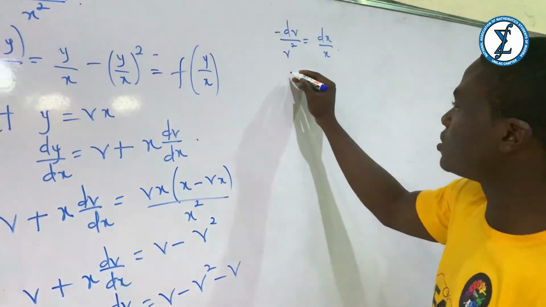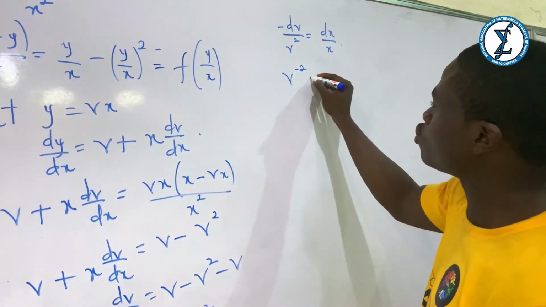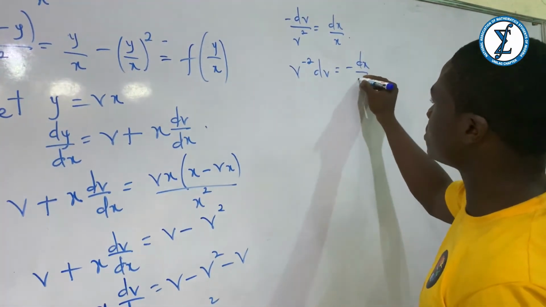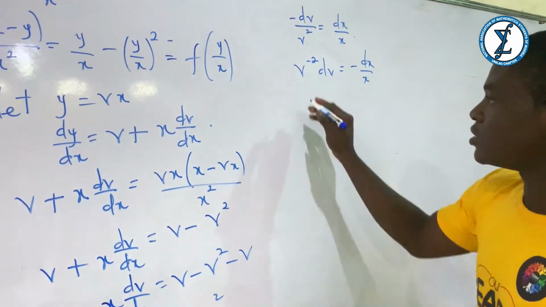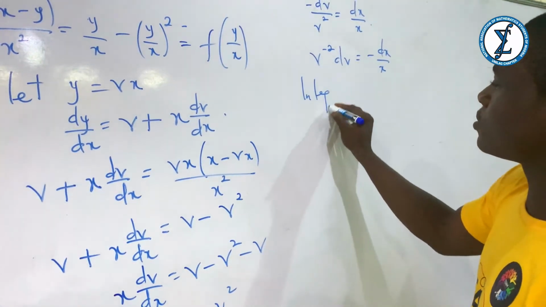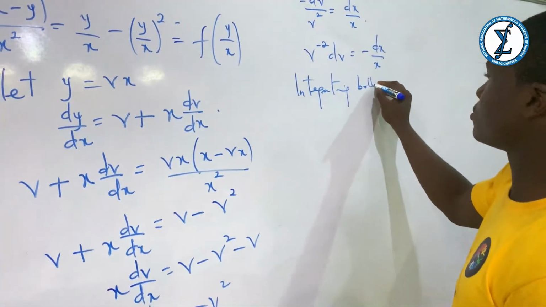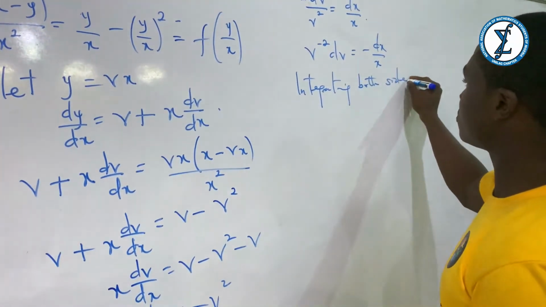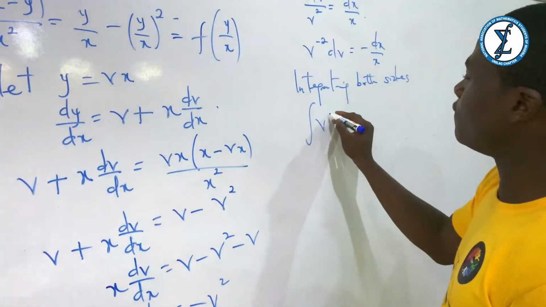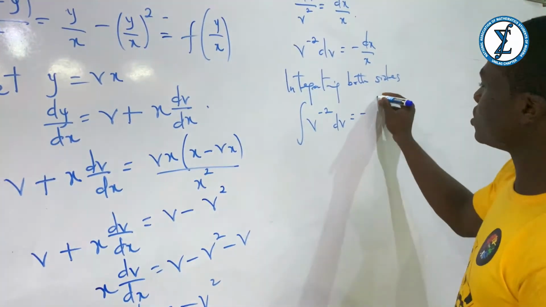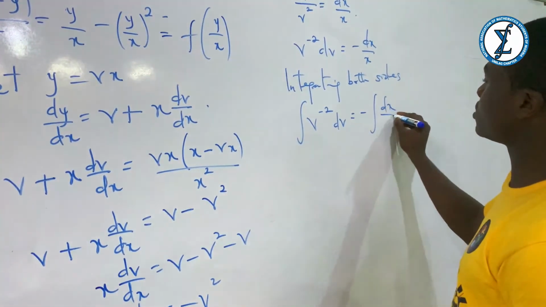So I can say this is v raised to power minus 2 dv equal to minus dx over x. Now integrating both sides, the integral of v raised to power minus 2 dv equal to minus the integral of dx over x.